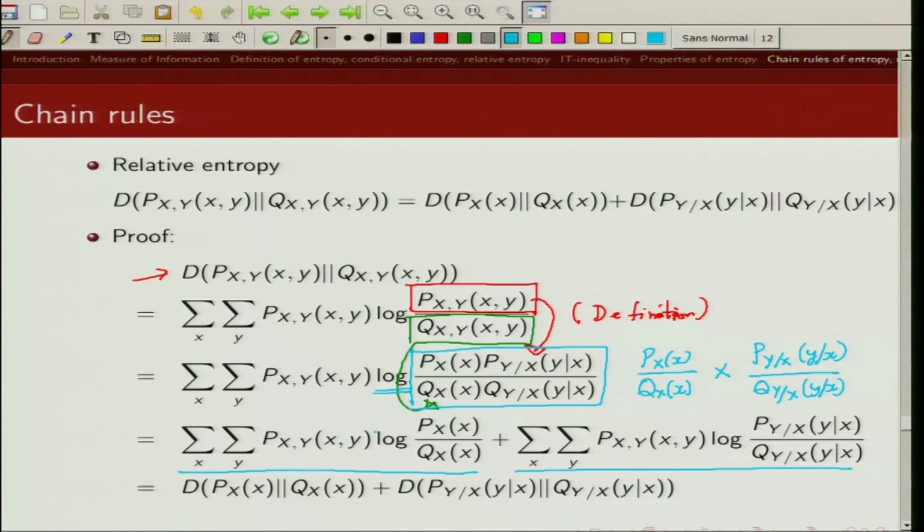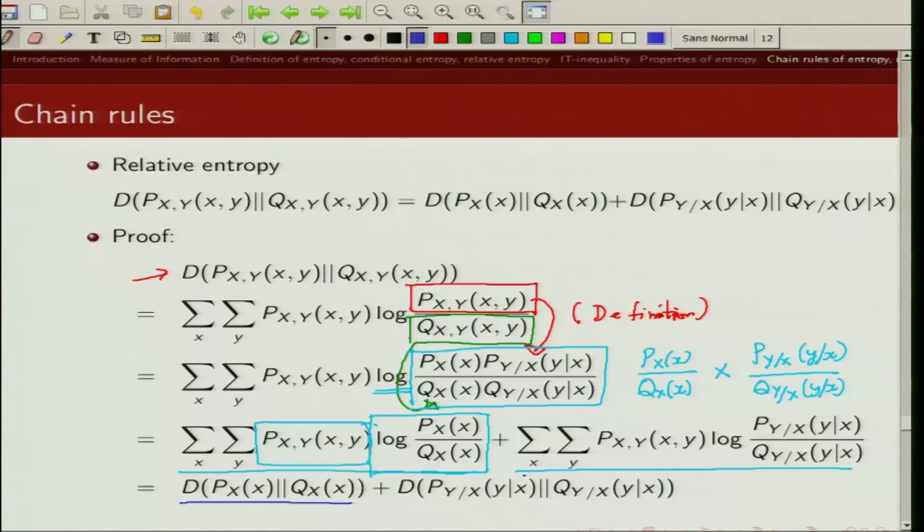Now again, this particular quantity does not depend on y. So when I sum it over y, I am essentially summing up this over y. If I do that, what I will get is p of x. So this is summation over x, p of x log of p of x by q of x, which is nothing but the divergence between p of x and q of x.